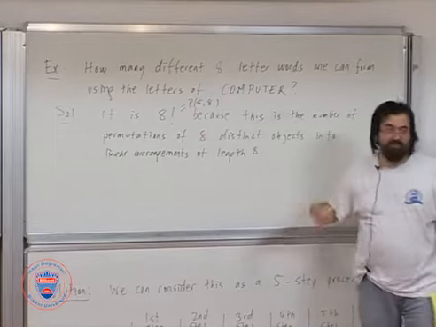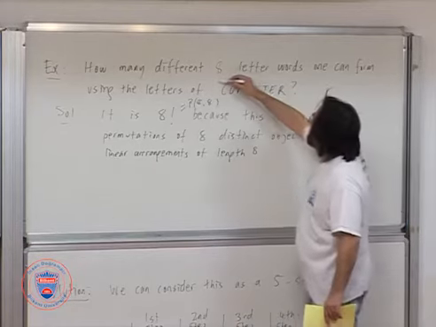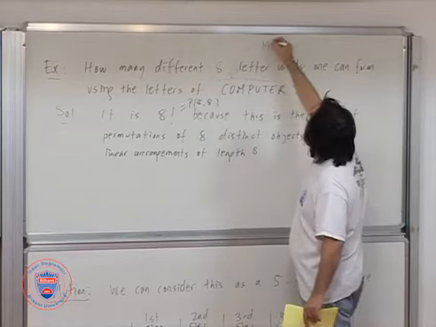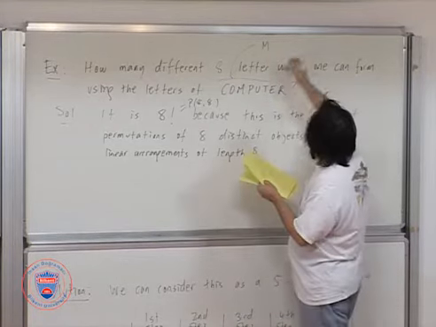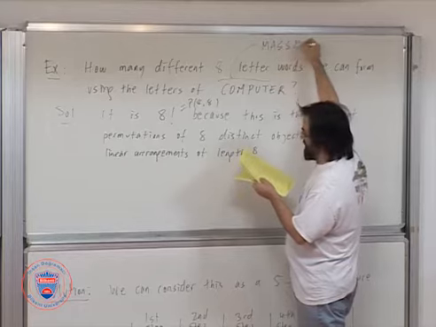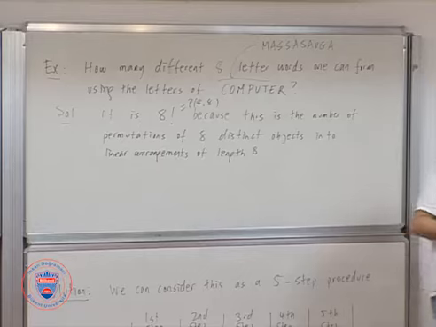The most famous question of this form is not with computer, but you replace it with some other word. I can never pronounce it. Mississauga. So the same question with Mississauga becomes a different problem.